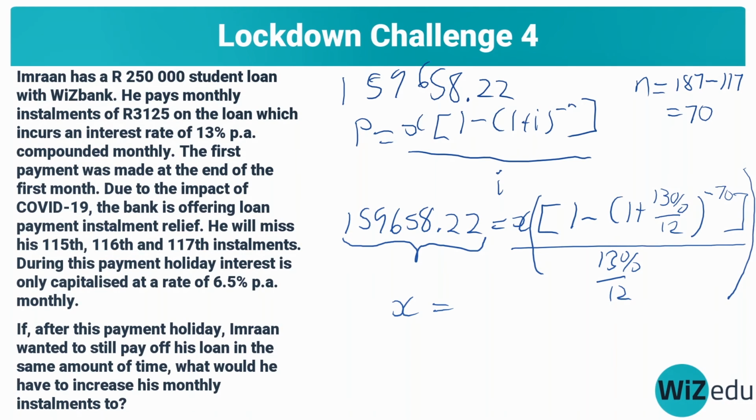Punch that into your calculator and you get a new repayment of 3,265 Rand and 68 cents. So that's going to be the new repayment. And so we've solved the question, and you can see that our answer does look kind of right because it's greater than the original repayment, which was 3,125 Rand.